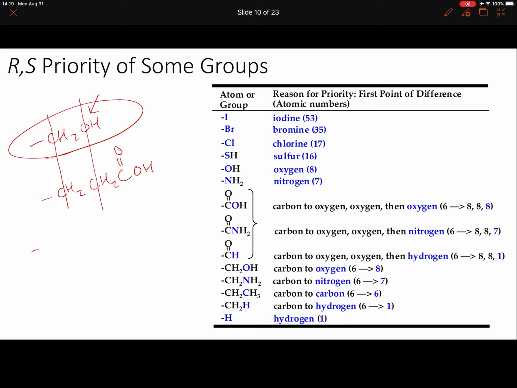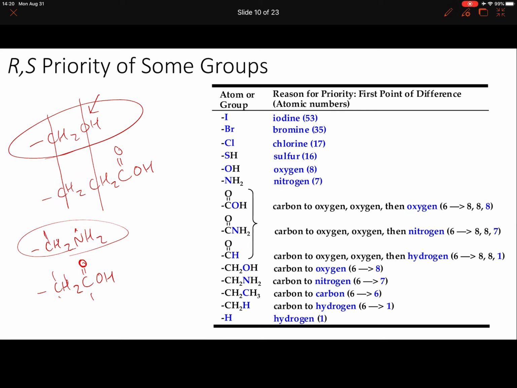Let's do one like this. CH2NH2 and CH2C double bond O OH. In this case, we get carbon and carbon attached to hydrogen and hydrogen, so it's a tie. Then it's a carbon attached to a nitrogen or a carbon attached to a carbon. So nitrogen wins.